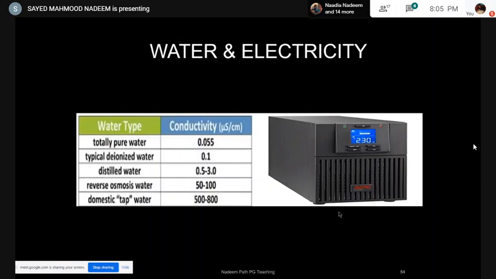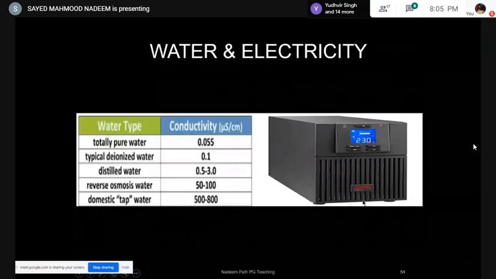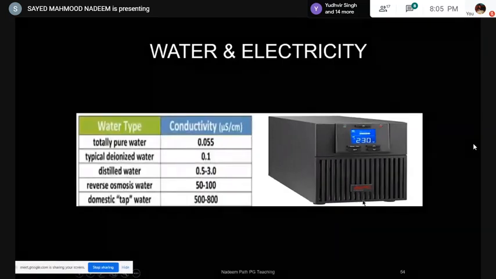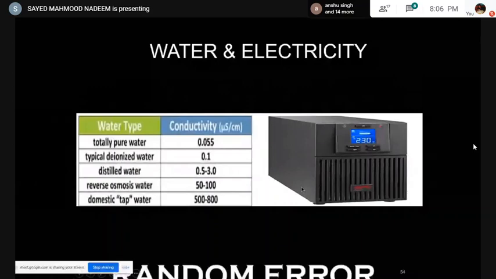If the electrical current source is not stable, you are likely to have a lot of anomaly, especially in your platelet count, in your PCV, sometimes in your hemoglobin. So for all hematology activities, not only do you need to have a UPS online, but along with that, the output should be connected to a CVT to have a continuous stable voltage into the machine system. And this can result in random errors if not looked at.